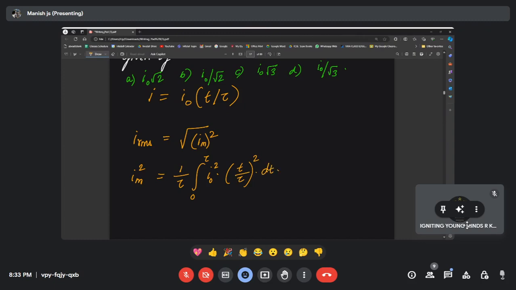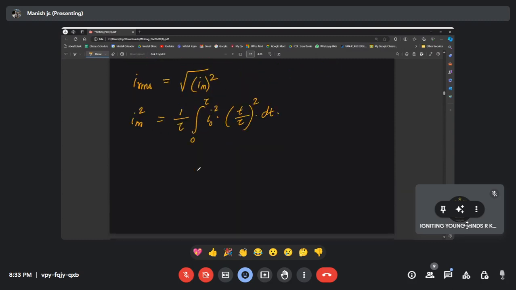Here I have written the time component outside. This is the expression for the mean value squared. First find this, then you can find the I RMS value directly, which is the term on the left hand side. So we are first calculating the inside term.